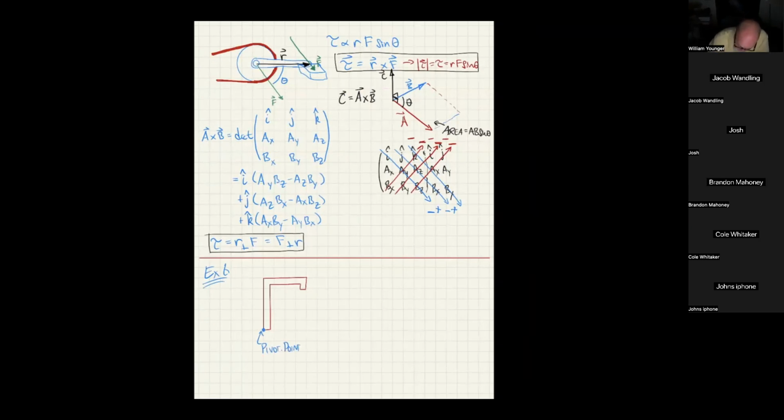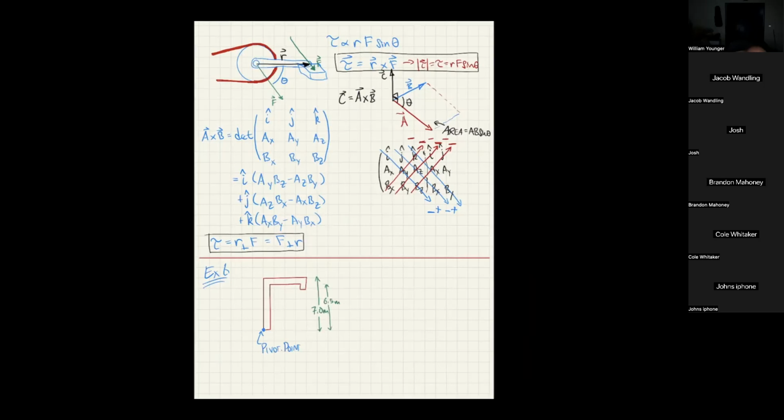What I'm going to say is that this dimension is 7.0 meters. I will say that this dimension is 6.5 meters.